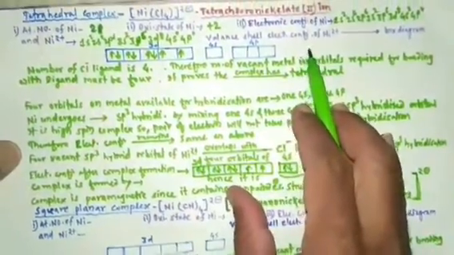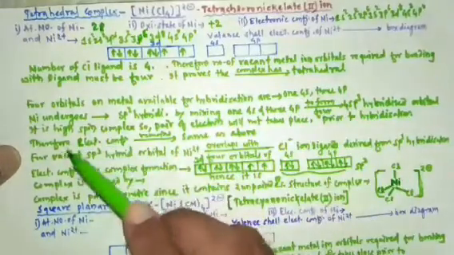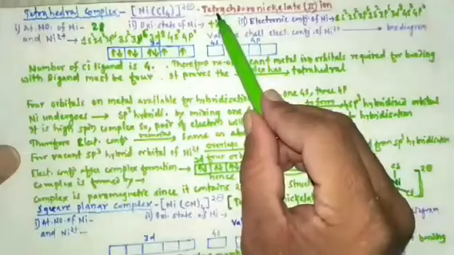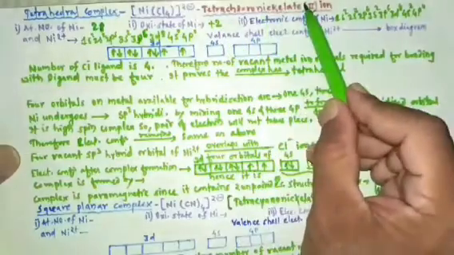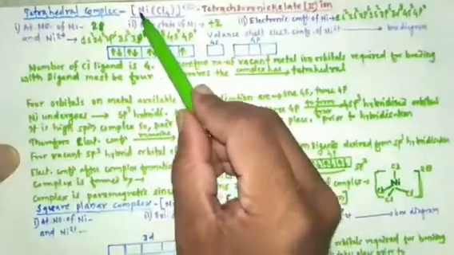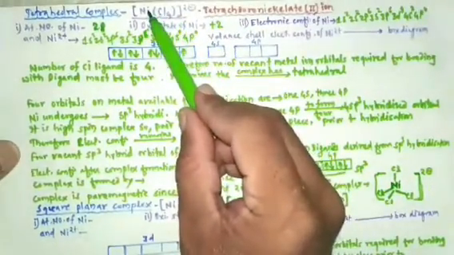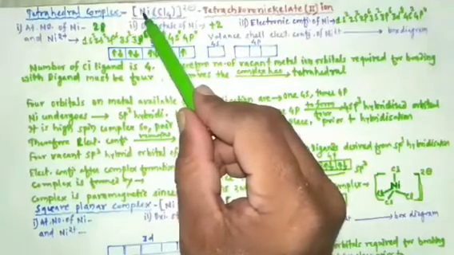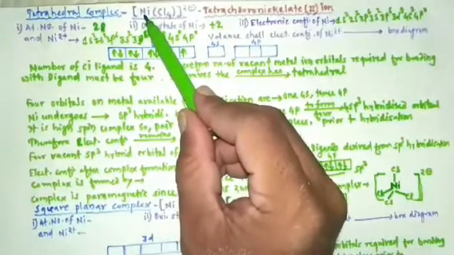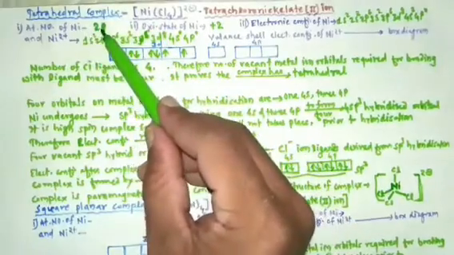Let's try to understand once again how this tetrachloronickelate(II) ion is formed. Nickel is the central metal ion. The atomic number of nickel is 28.